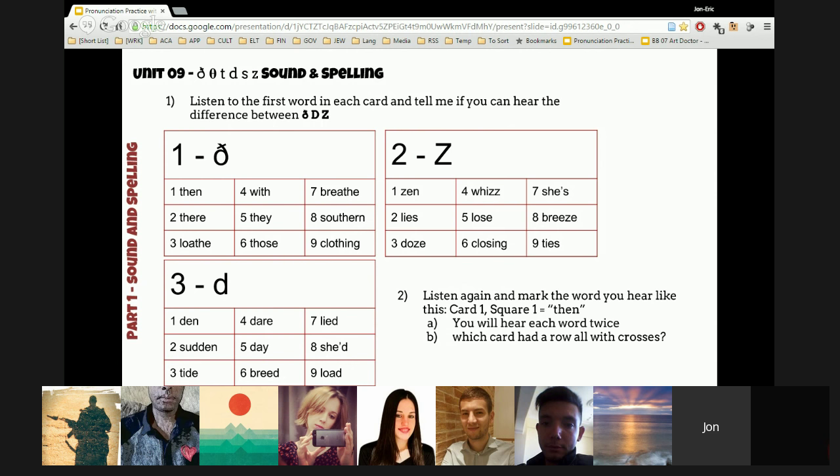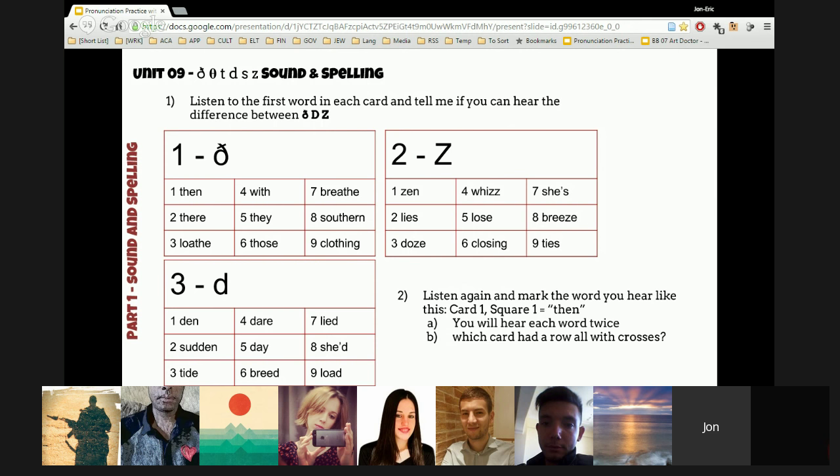Sixth word, ties. Seventh word, doze. Eighth, lies. Ninth, day. So we got 10 words so far. We're going to have about 10 more. Here we go. Second group.